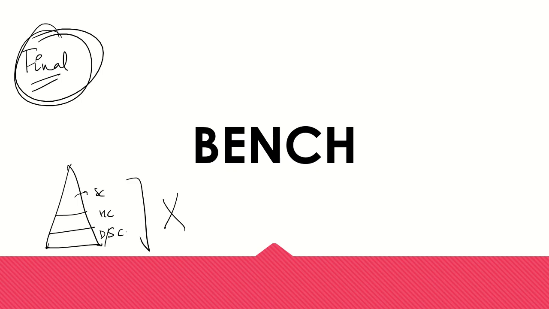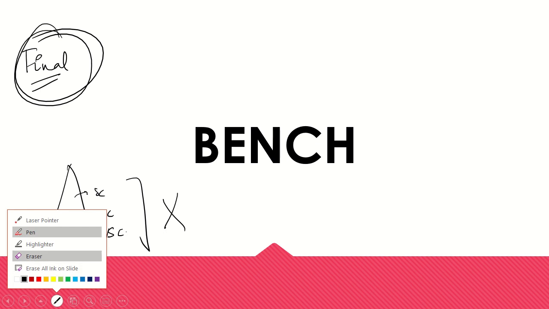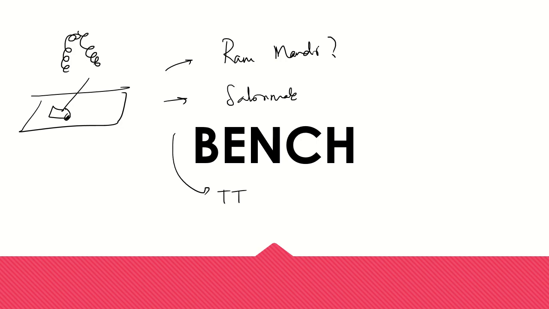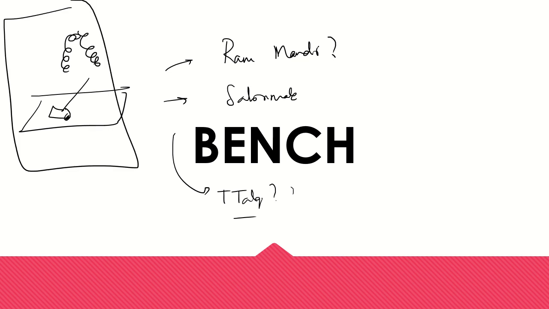Now, to make matters a little easier, what happens is that instead of one person deciding at the Supreme Court, should there be a Ram Mandir, should women be allowed into Sabarimala, should triple talaq be allowed, should we allow just one person to decide it?